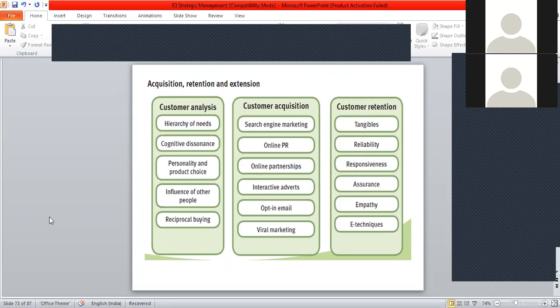So that is one type of customer wherein there is mutual buying which takes place between these two parties. By selling one product, they are also agreeing to buy products from their customers. So that is how the customers are analyzed.